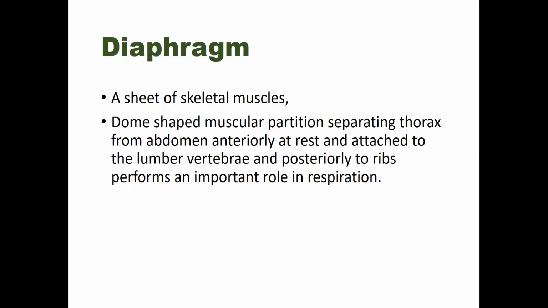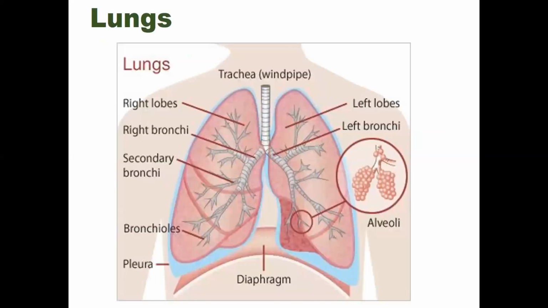How it facilitates our breathing in and out, I will describe in our next lecture, so don't worry. See here, this is the diaphragm, and it plays a very vital role during our breathing.